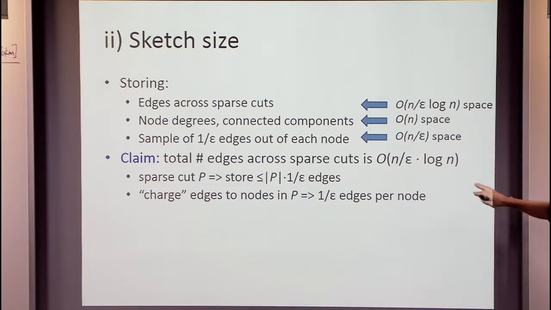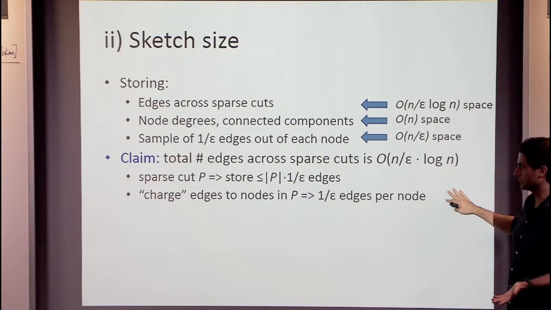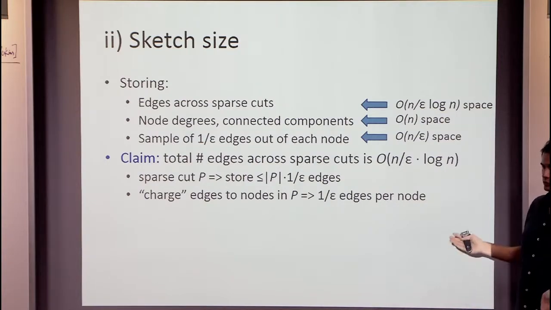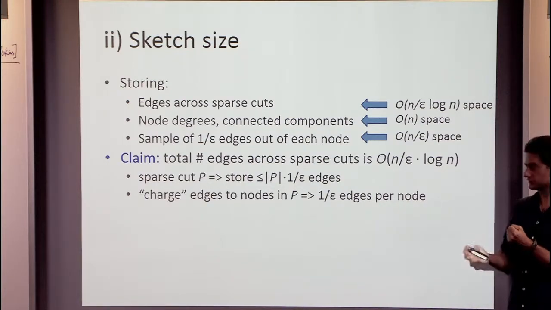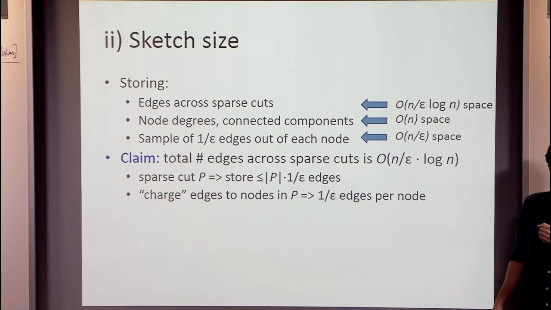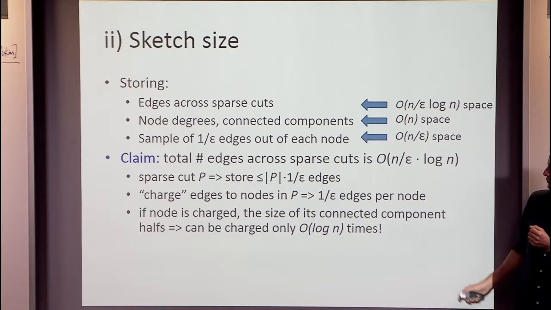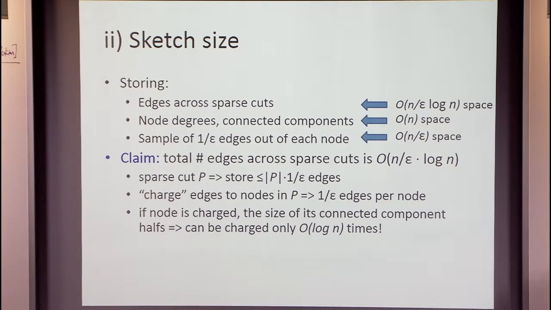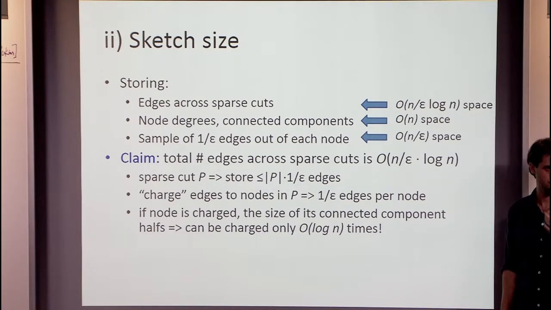Now we'll use a simple charging argument, and we'll charge these edges to the nodes in this set P. Once a node participates in such a sparse cut, it will get assigned 1/epsilon edges. But once a node is charged, this means that it participates in a sparse cut. This means that the size of its connected component decreased by a factor at least 2. Perhaps much more, but at least by a factor 2, which means that a node in particular can be charged only log n times. And that's it.